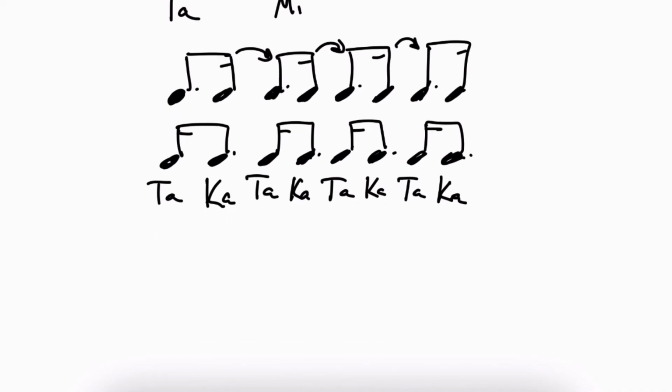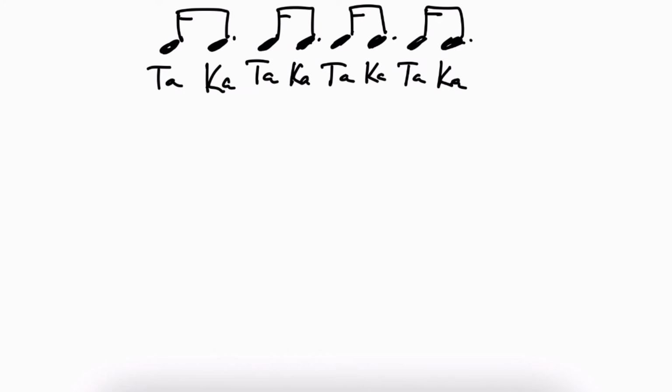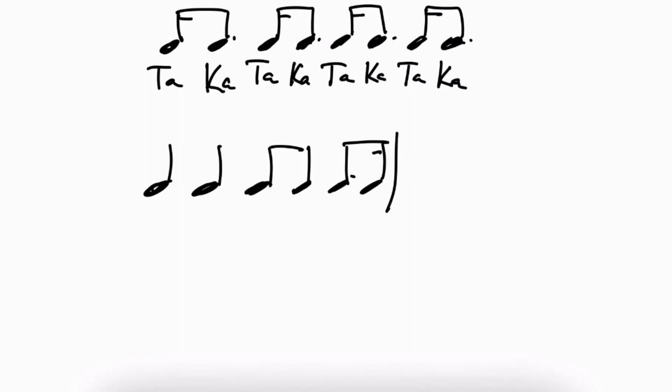So now let's put this kind of into real world examples here. So let's do 2 quarter notes, do eighth notes, then let's do dotted eighth note 16th. We're pretending this is in 4/4.